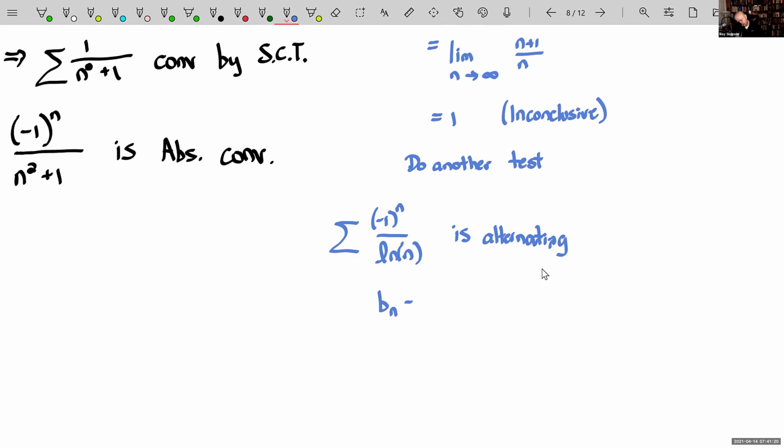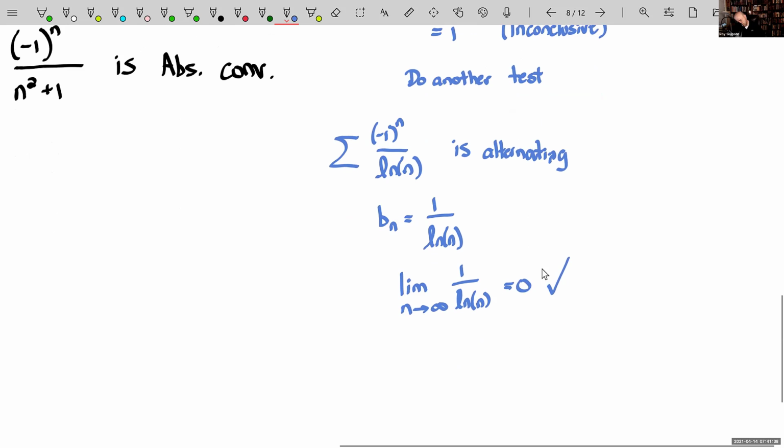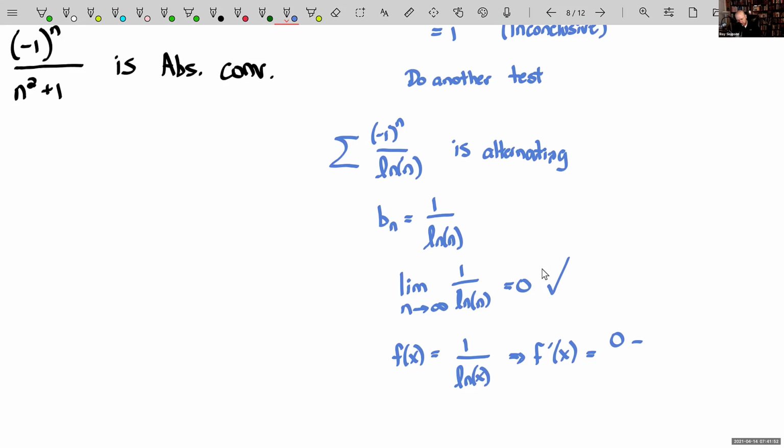B sub n here is 1 over the natural log of n. In other words, if you take a look at this without just the non-alternating term there, we know that the limit of that non-alternating term as n goes to infinity is 0. And we also know that if f of x equaled 1 over the natural log of x, that would imply that f prime of x would equal negative times 1 over x over natural log of x squared.